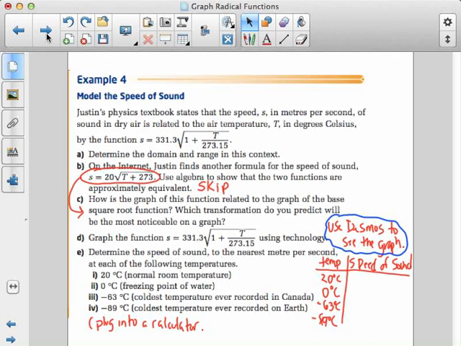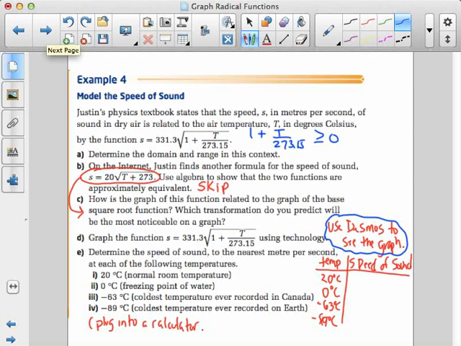So one thing we can't have, right? We have a square root sign there. So we have to make sure that 1 plus T over 273.15 is greater than or equal to 0, right? That has to be. So let's set that equal to 0 and find the minimum value that it could be.